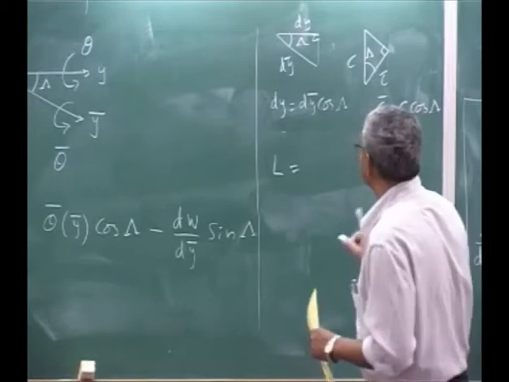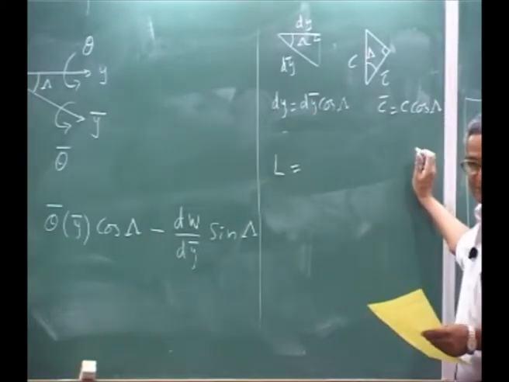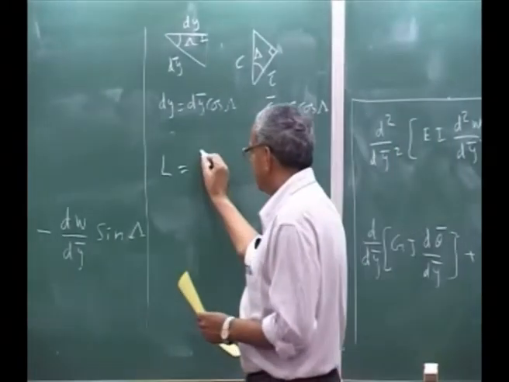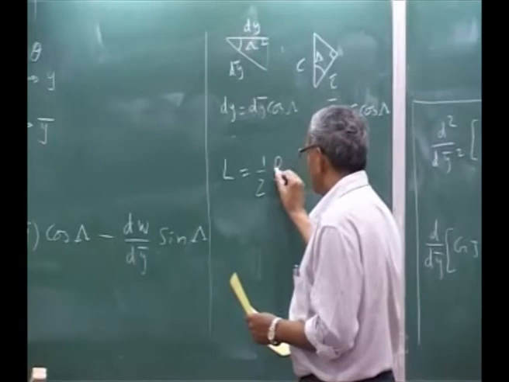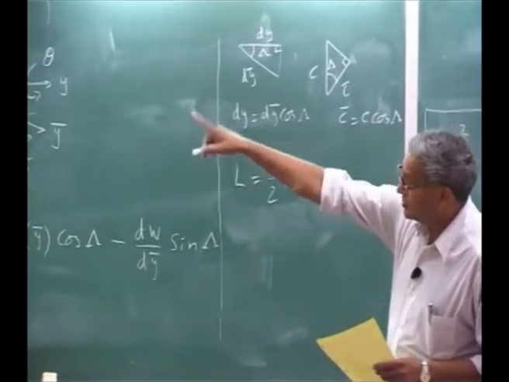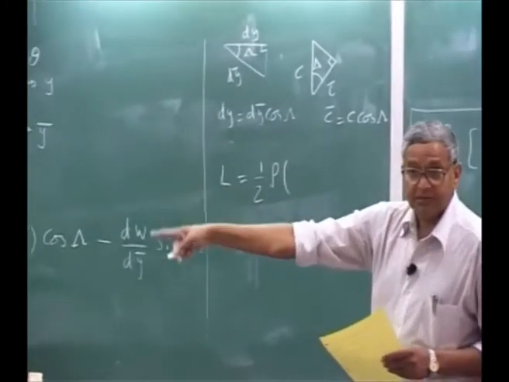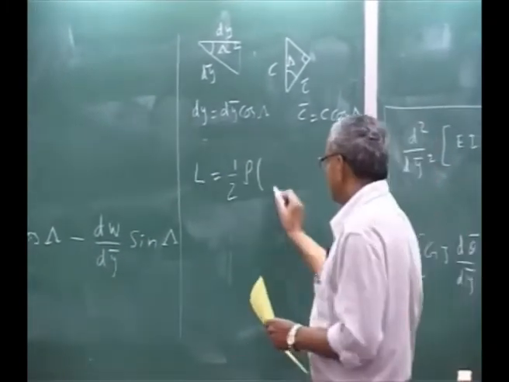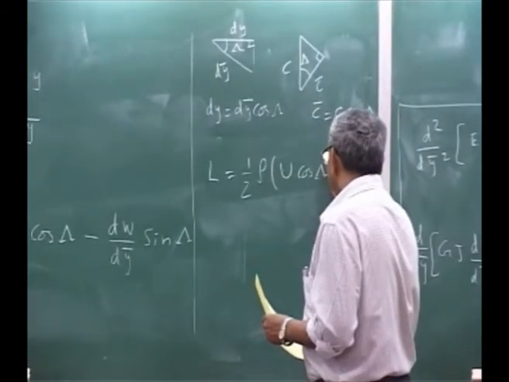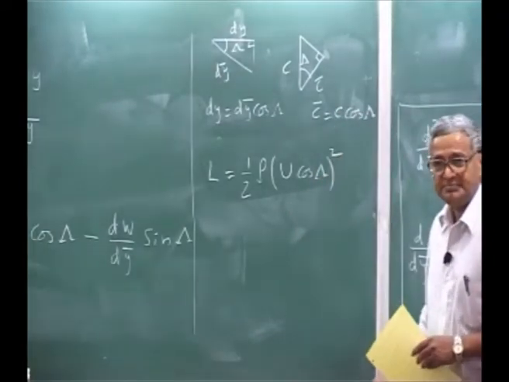I will take everything and convert it into a different form. What I have is lift equal to half rho times u cos lambda, the velocity normal to the strip, whole squared. Okay.